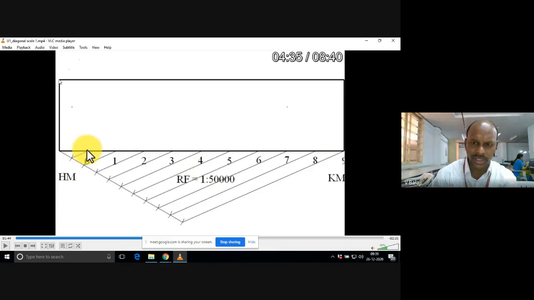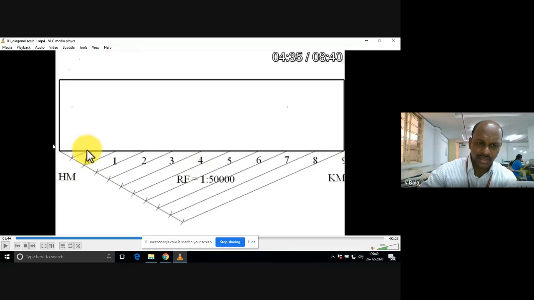We need to distinguish the plane scale from the diagonal scale. And one more thing is, we need to represent decameters. The next subunit of hectometer is decameter, and there is a relation between hectometer and decameter, so we need to show decameters. For that reason, I have taken this particular height.